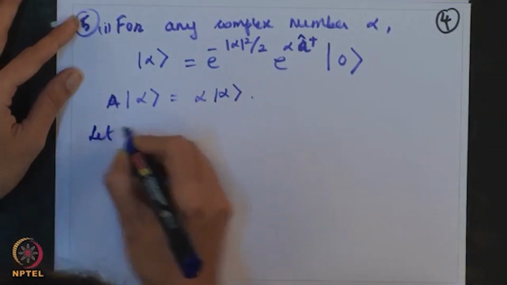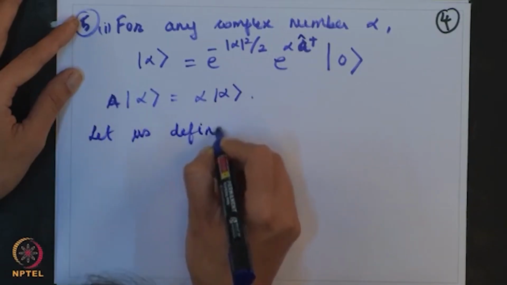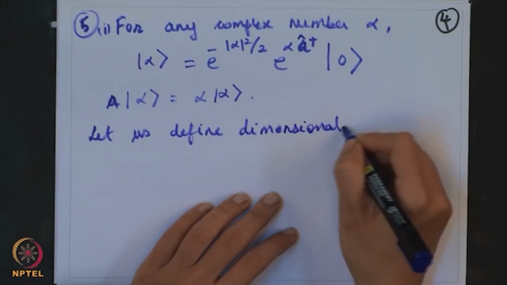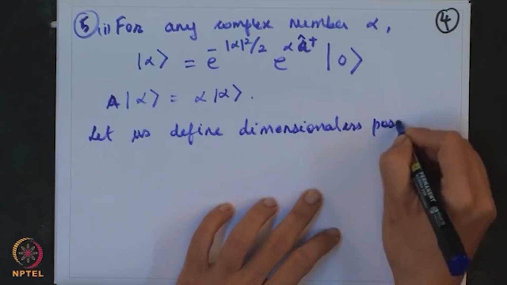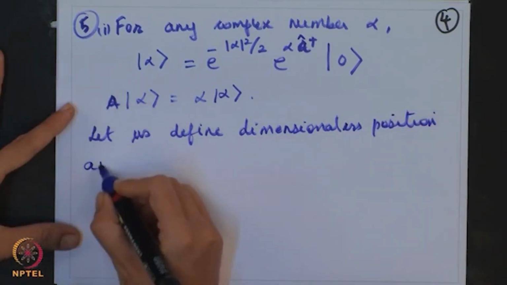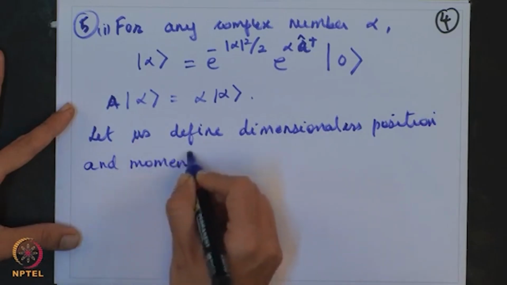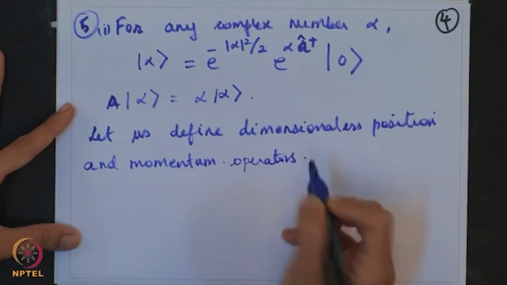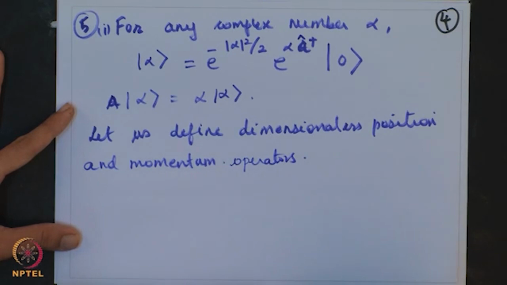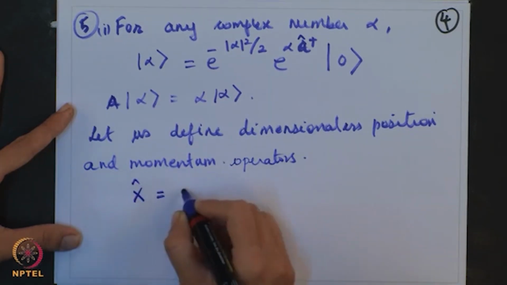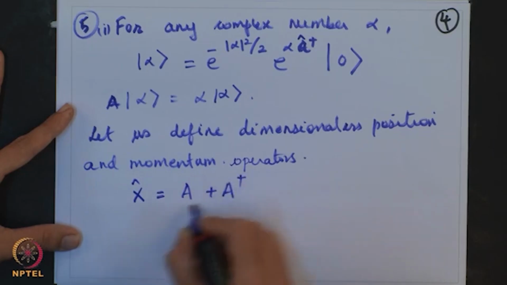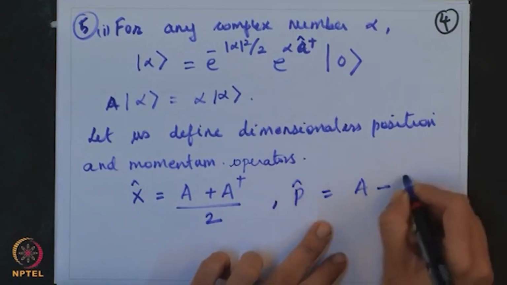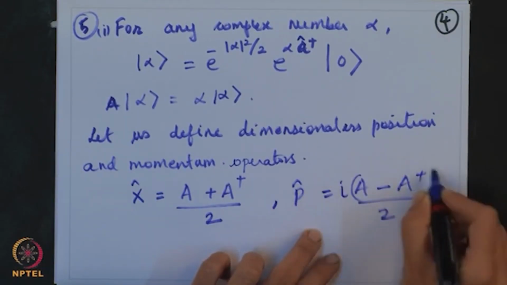So, let us define dimensionless position and momentum operators as x as A plus A dagger by 2 and p as A minus A dagger by 2 times i.